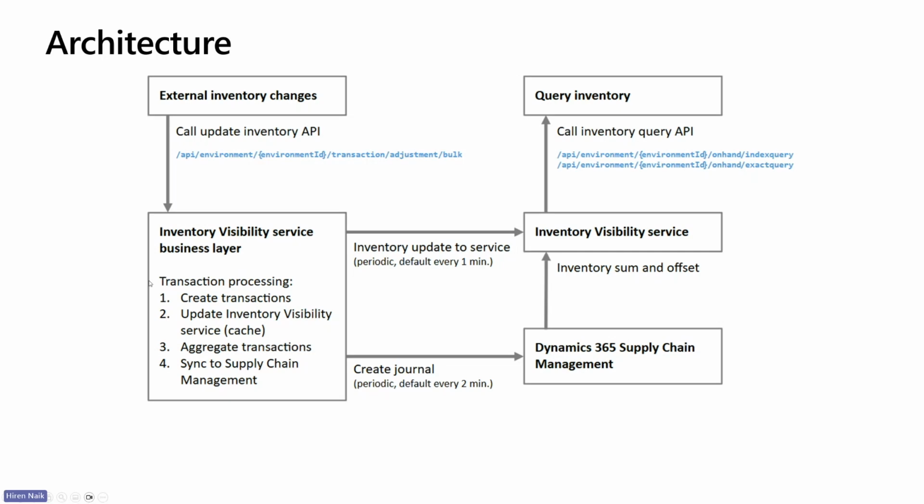So as part of this capability, as you can see, we have introduced a new API called the adjustment API. Any external systems like a retail store shop, a WMS system, a production system, or a website that would like to do inventory transactions and update these inventory changes or adjustments in real time to the systems, instead of building an integration with a backend system like Dynamics 365 supply chain management, you can now leverage the inventory visibility service business layer.